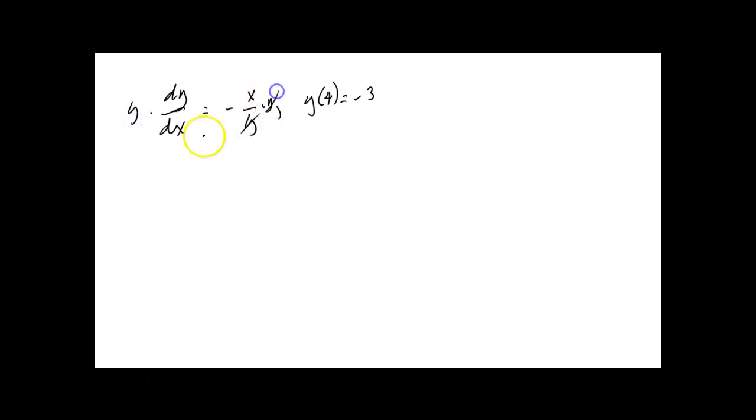That will get rid of the y's over here and get y with the dy, which is a good thing. Multiply by dx. Pure mathematicians would hate hearing that, but this book actually does it that way. Write this in differential form, it would be y dy is equal to minus x dx. Subject to y of 4 is equal to minus 3.